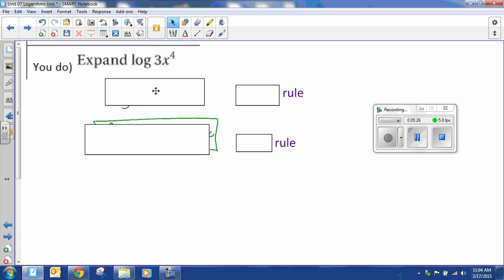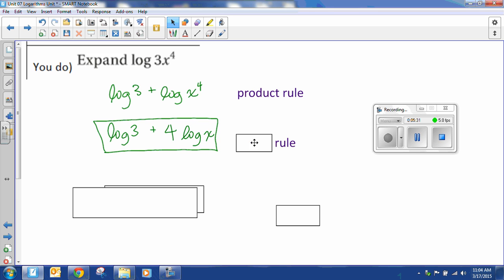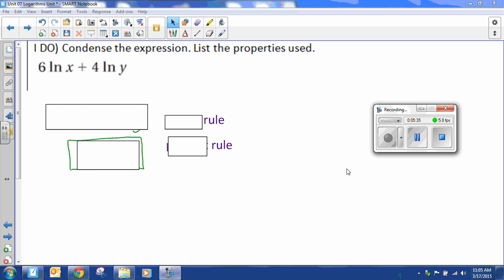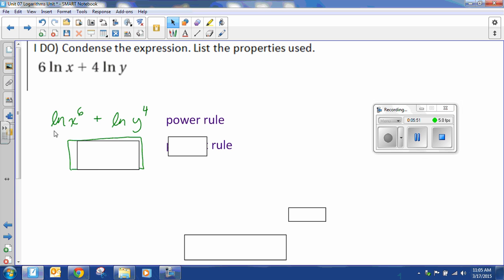All right, this one's a little more practice for you to do. As you can see, we use the product rule and then we use the power rule. This time we're going to condense. And when we condense, we want to take several logarithms and rewrite it as one single logarithm. So as you can see, we're going to use the power rule first to rewrite each of these coefficients as the exponent.